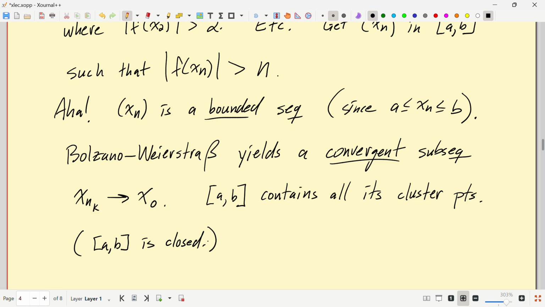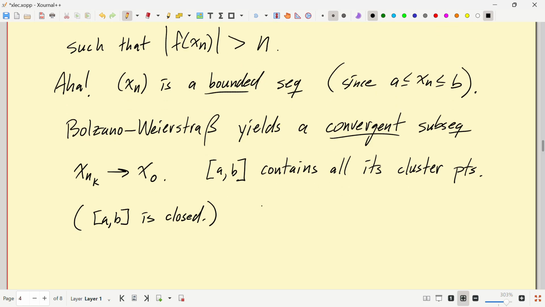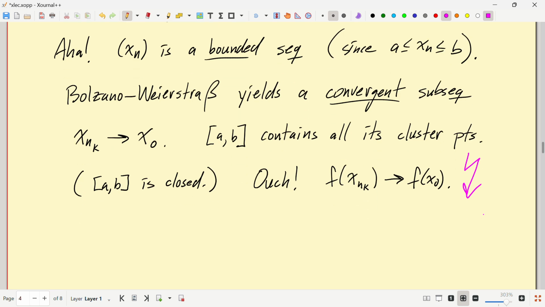And now you think about it, the function is continuous at x naught. So this is the ouch moment. Let's think about it. The f of x_nk would tend to f of x naught. But the f of x_nk are going absolutely bonkers, that's a contradiction.